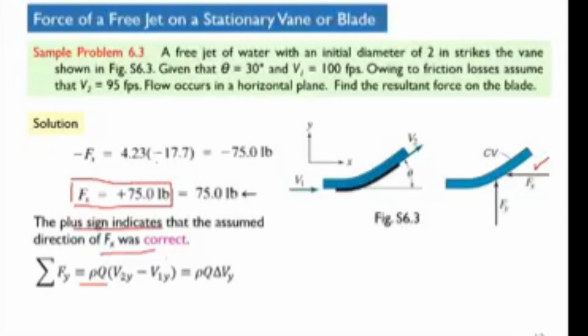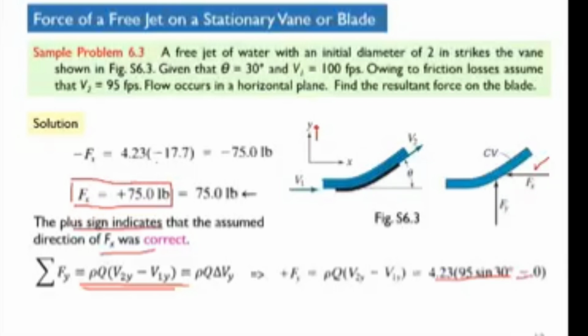Then we consider summation of forces in the vertical direction, y direction. So then in that case, plus Fy, because it is in the plus y direction, this is plus y here, so this is in the plus y direction, plus Fy, rho q into change of velocity in the y direction. So in the y direction it has no component, so that's why it is 0.